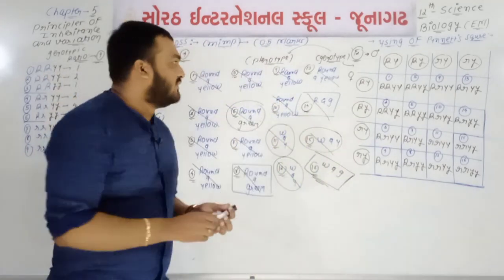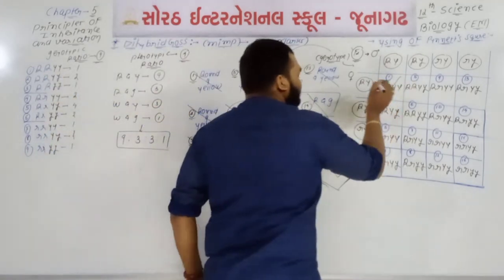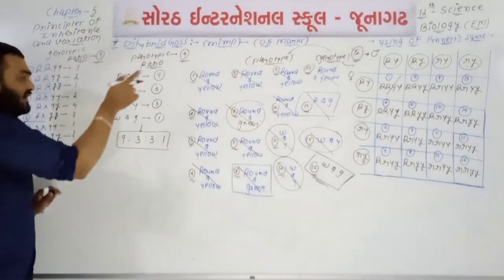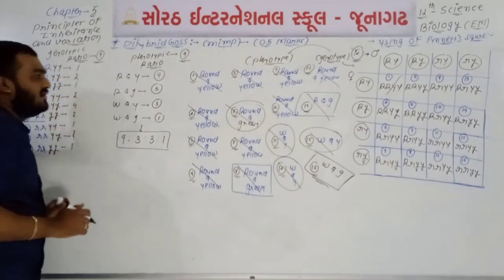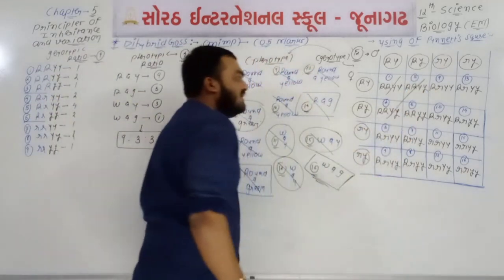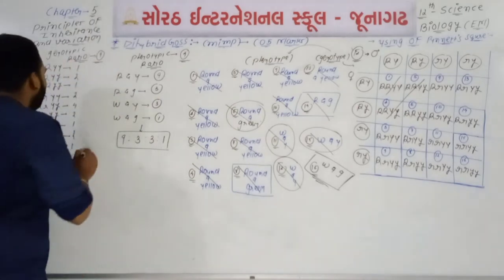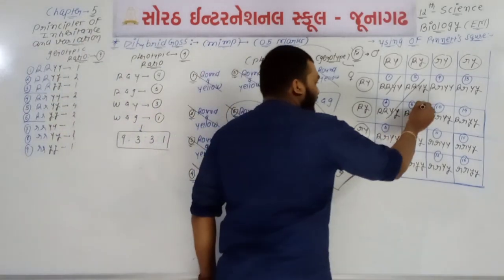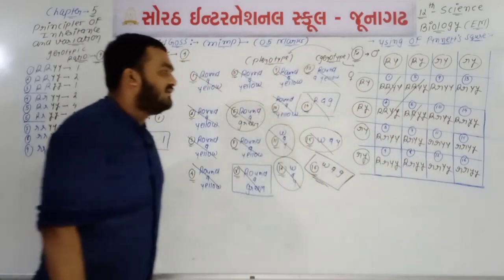Look at capital: this one is capital R capital Y. Then capital R capital Y small y.